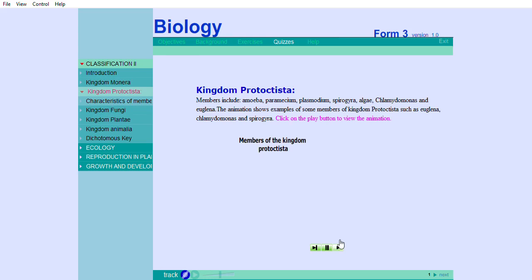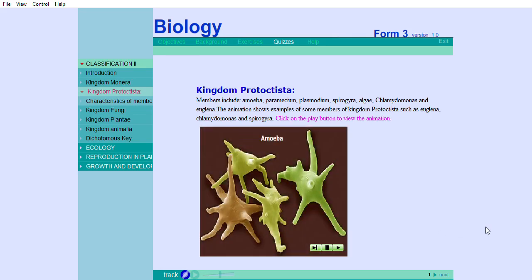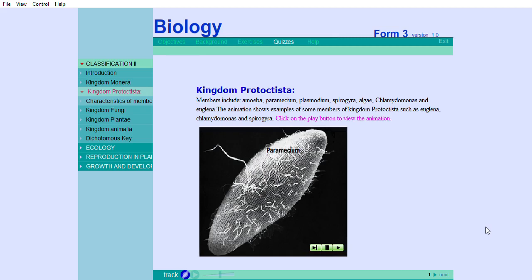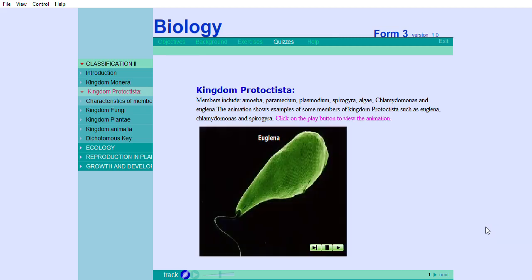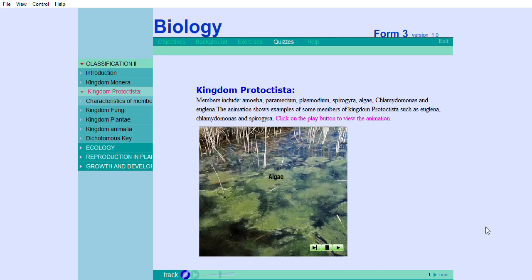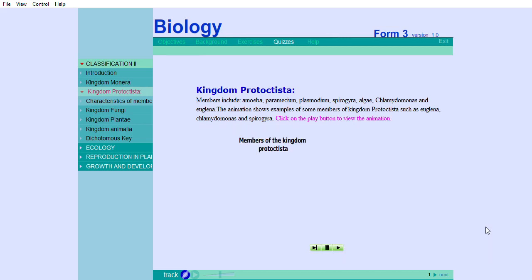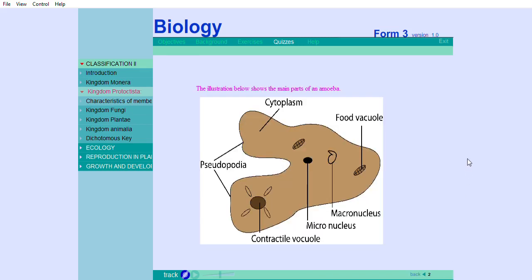Click on the play button to view the animation. The illustration below shows the main parts of an amoeba.